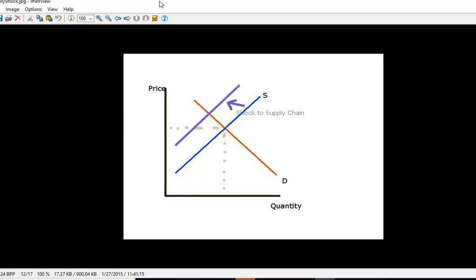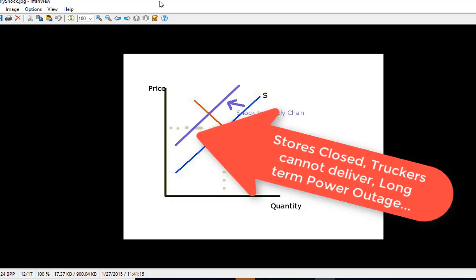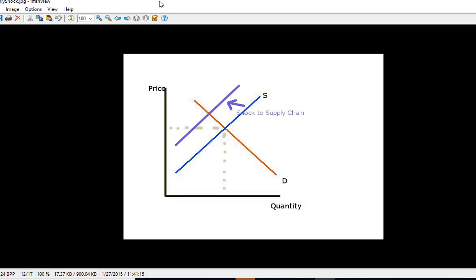Now let's talk about a shock to the supply chain. That's when perhaps an earthquake, a tsunami, a snowstorm, a monsoon, something happens that maybe storefronts can't get open, maybe power's down in the city, or maybe the roads are not clear and trucks can't get the supply in. So you've got a shock to the supply chain, less supply is available.